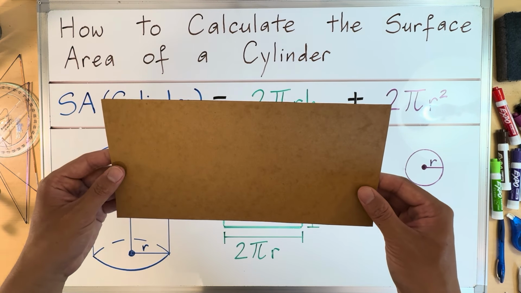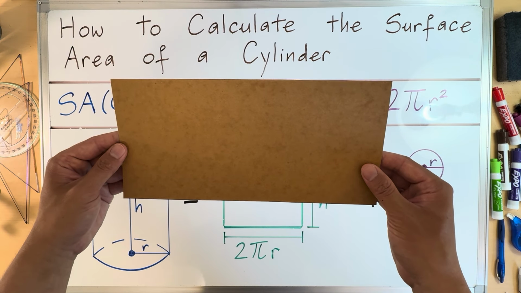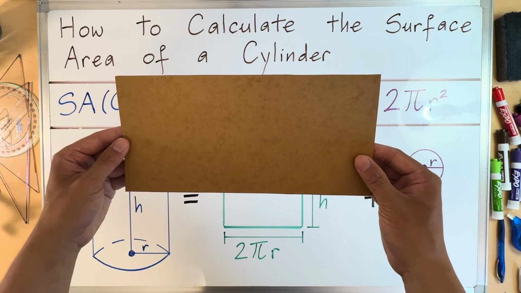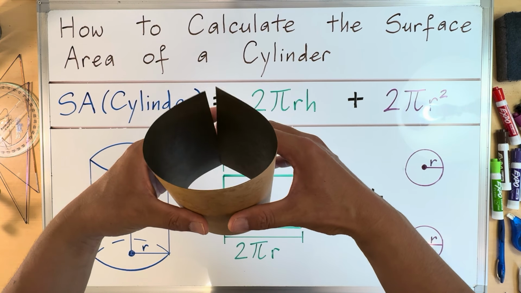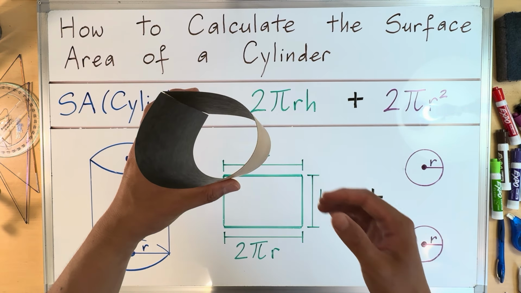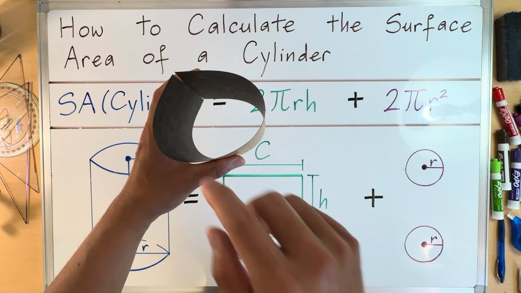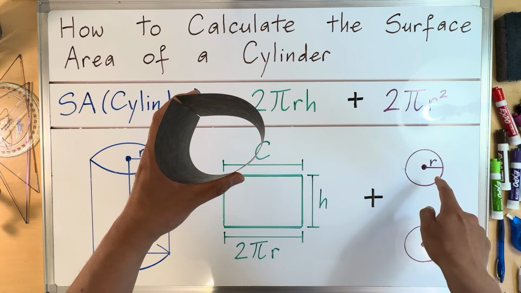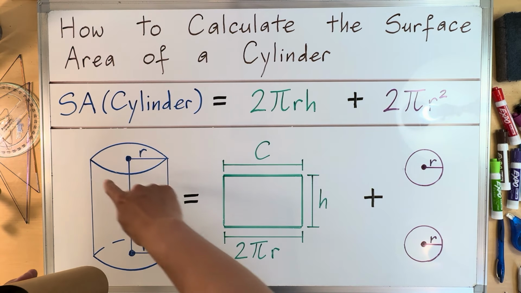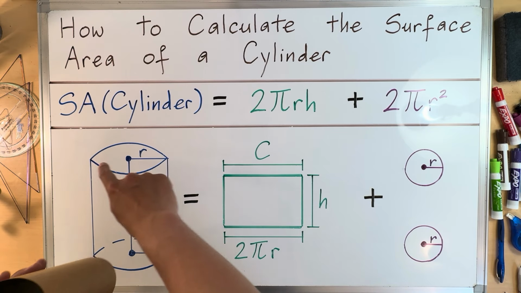I'm going to illustrate using this piece of paper right here. So we have a rectangular shaped piece of paper, but if I were to roll it up like this into the shape of a cylinder, what you can see is that we have a circle right here, which represents the top circle of the cylinder.